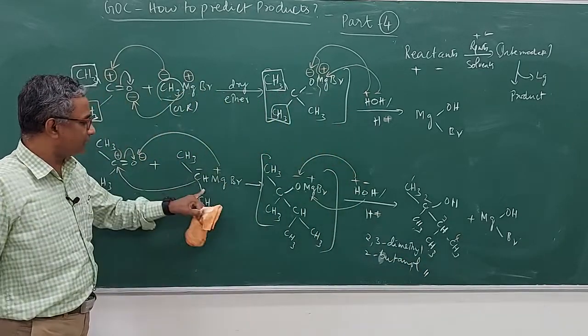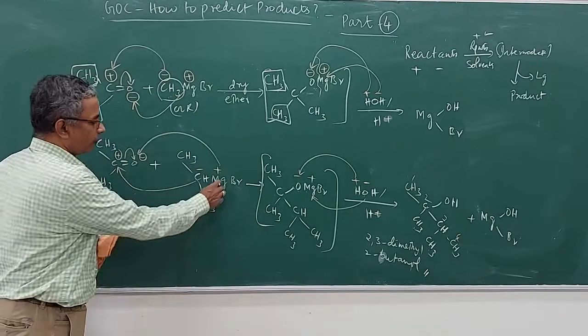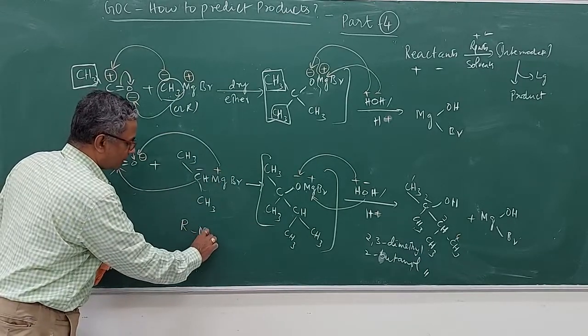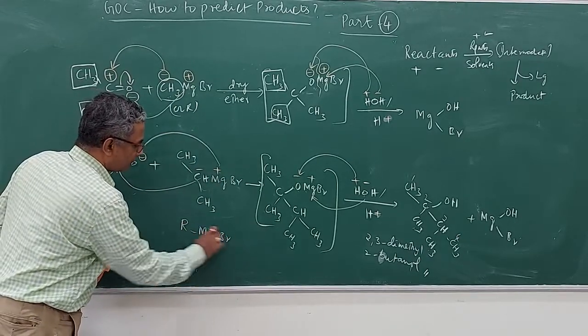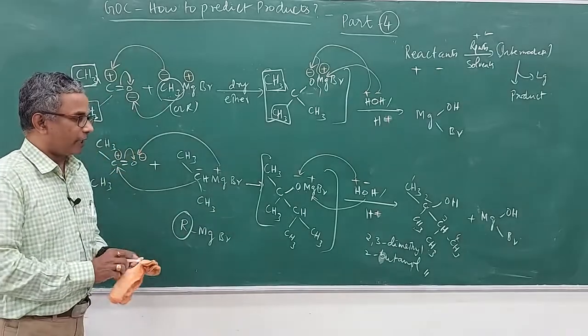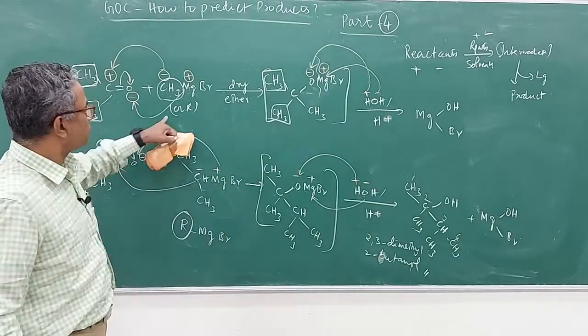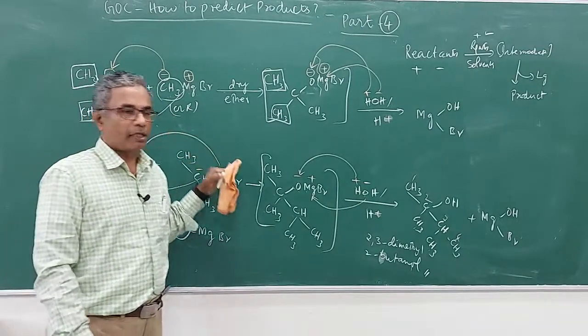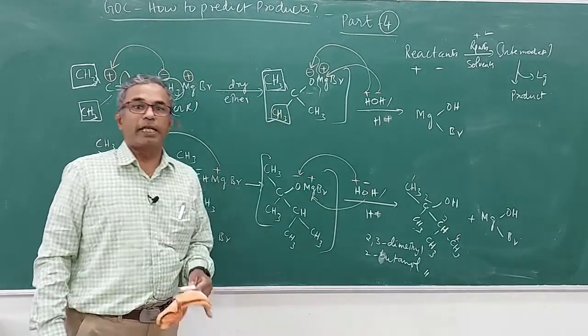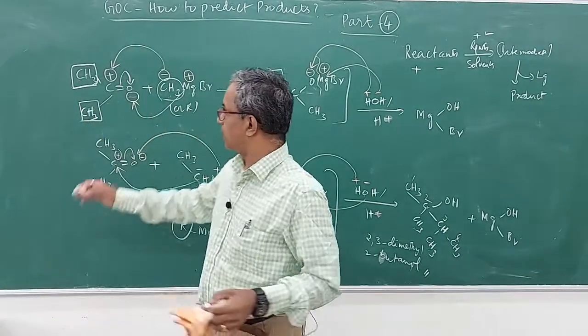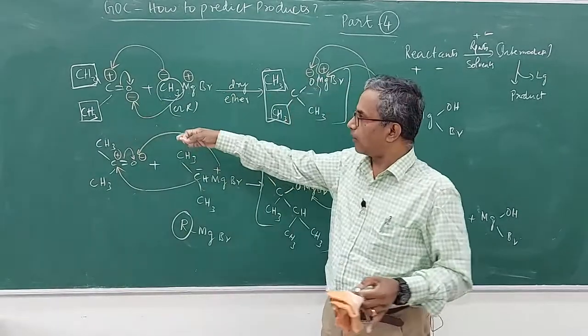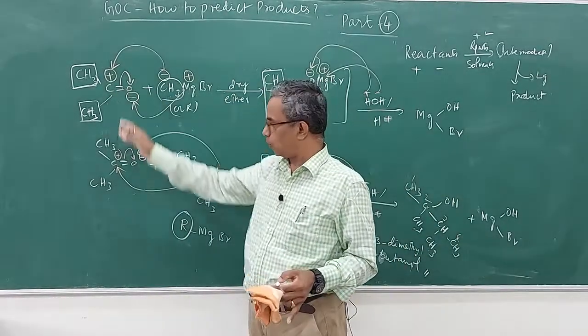So by changing the R group of this Grignard reagent, you can get different products. That's why Grignard reagent is a very versatile reagent for preparing any type of compound, starting with either ethanol or methanol or ketone or any compound.